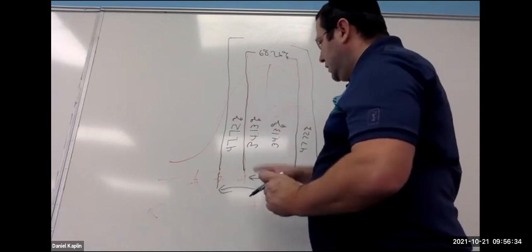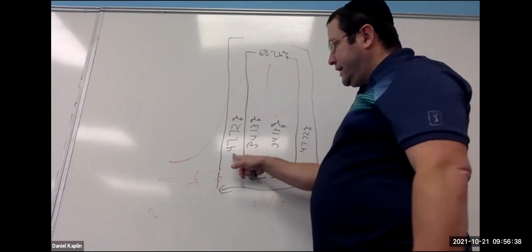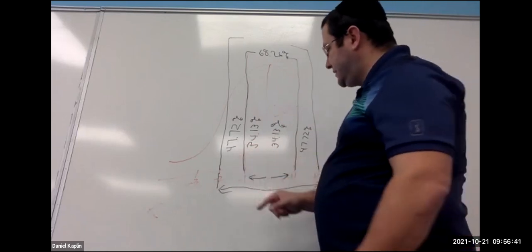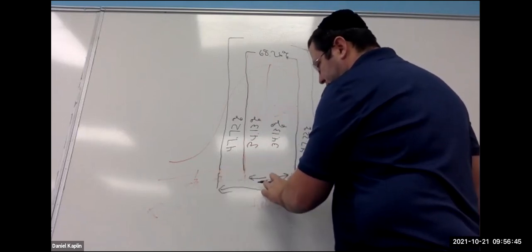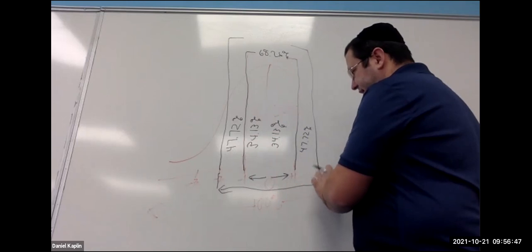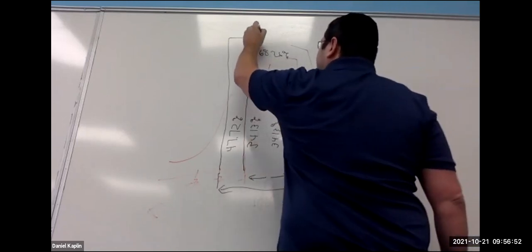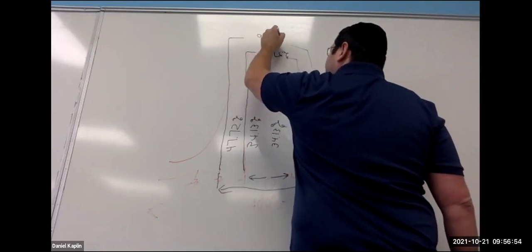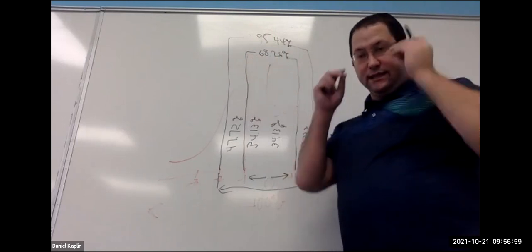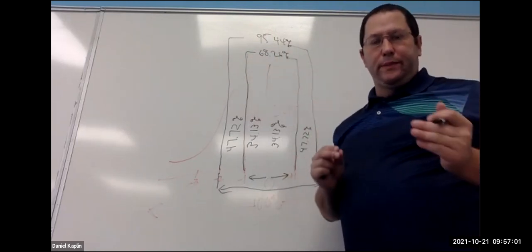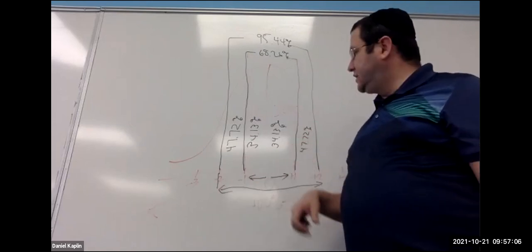So what I would do is add 47.72, because that is between -2 and 0, plus another 47.72, and I would get 95.44%. So 95% of the cases will occur between positive and -2 standard deviations.